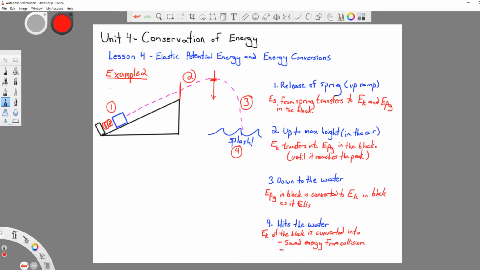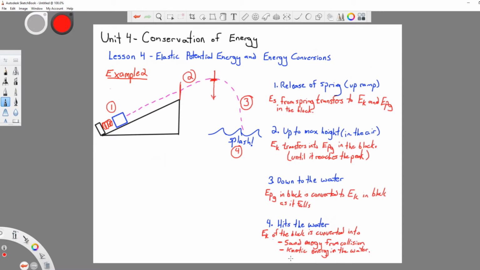We can say that maybe there will be some energy in the form of waves in the water, so maybe wave energy. We can call that kinetic energy. So kinetic energy in the water.